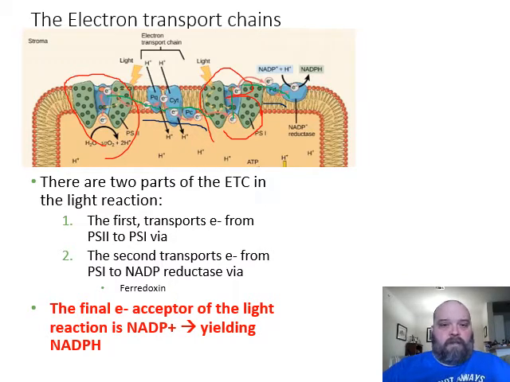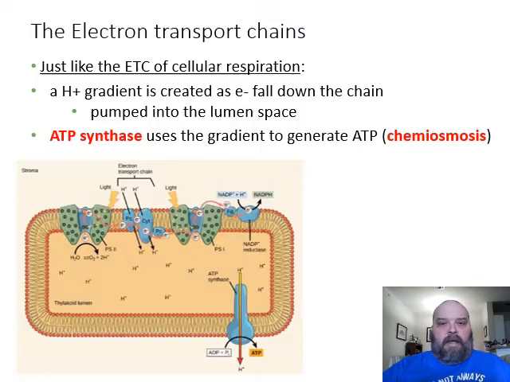So all of this we've seen here is just to harvest some photonic energy, turn it into mechanical energy, transport, and then at last we'll see it being used in the Calvin cycle. So hydrogens are being pumped from the stroma into the thylakoid lumen.